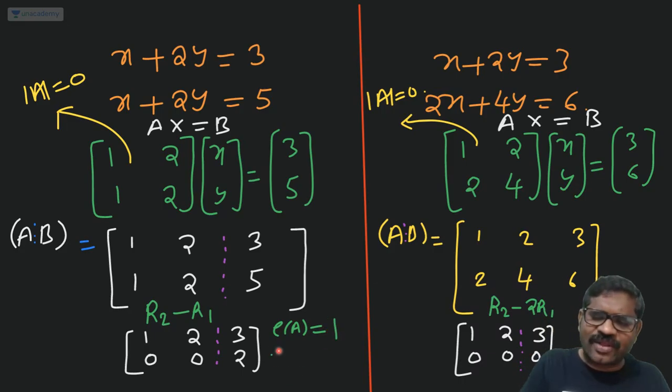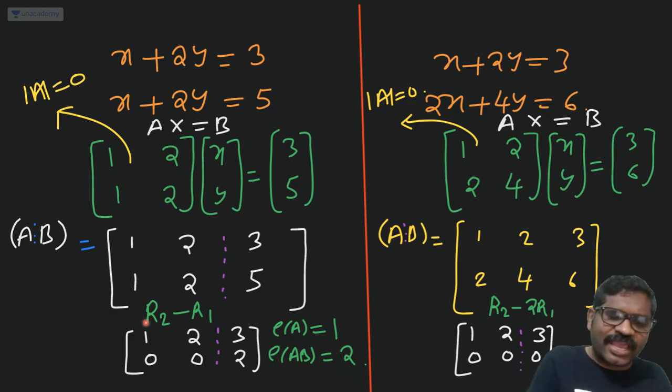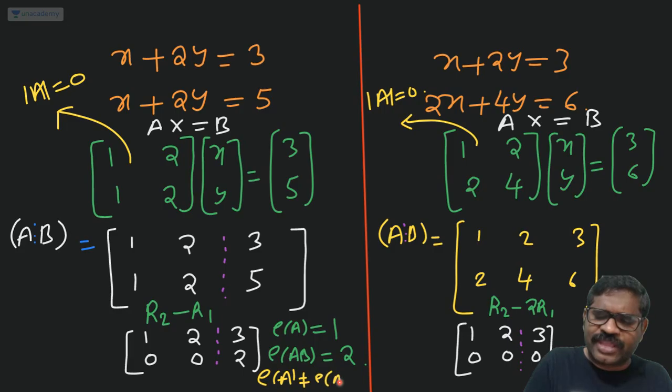What is rank of AB? 2. Rank of A is not equal to rank of AB in this case.